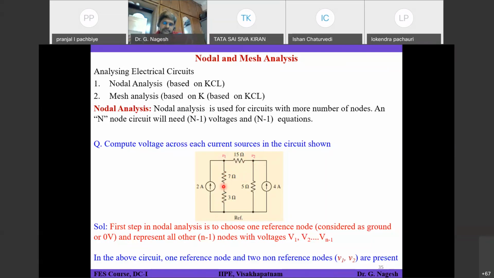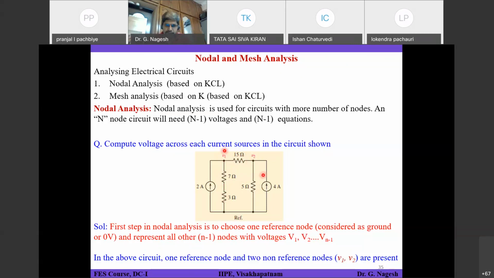But in the present circuit, you can simplify this by adding up the 7 and 3 in series combination. So that will be 10 ohms. Then you will have only 3 nodes: one is the reference, and the others are V1 and V2. In this circuit, our objective is to find only V1 and V2.